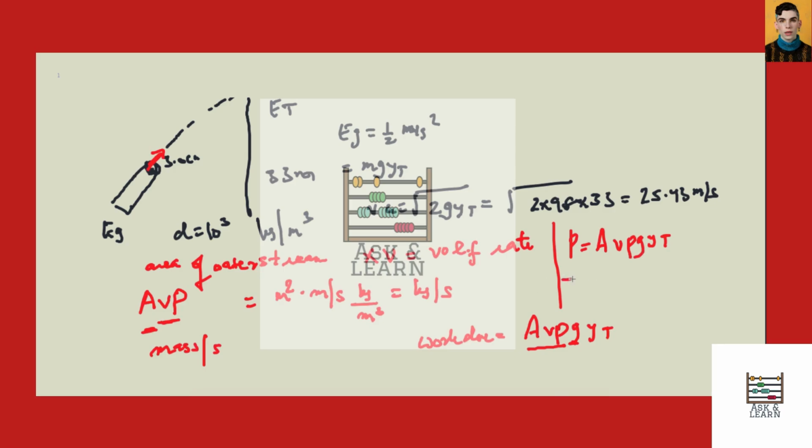If you solve that by plugging in the value of area, pi times 1.5 times 10 to the power of negative 2 meters, converting centimeters to meters, squared, velocity 25.43 meters per second, the density is 1 times 10 to the power 3 kilograms per cubic meter, times 9.8 times 33.